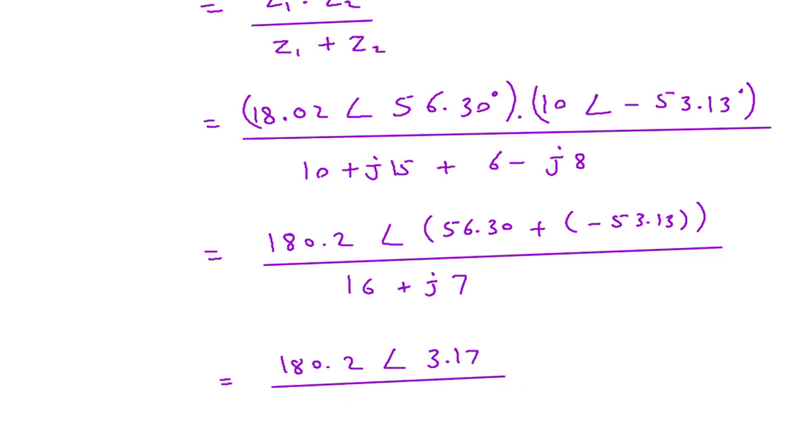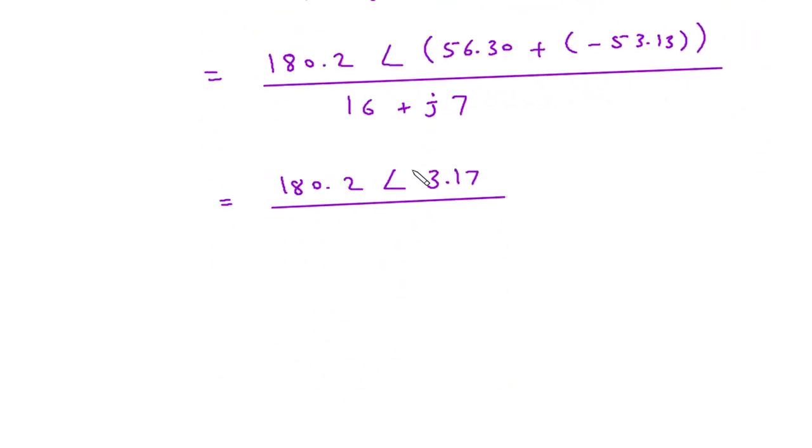divided by, now again here it is in rectangular form. Now here in the next step we are doing division. So we will convert this rectangular form to polar form. It will be under root of 16 square plus 7 square at an angle of tan inverse of 7 by 16.